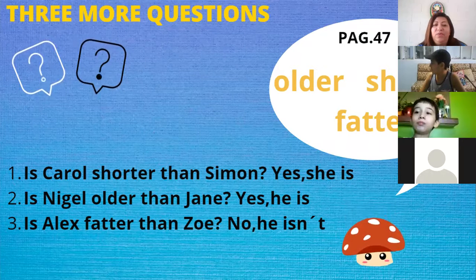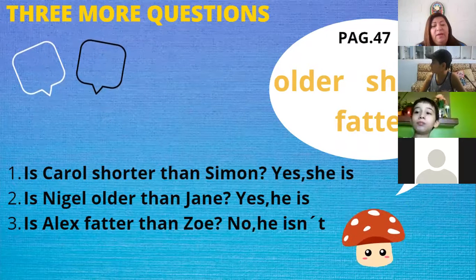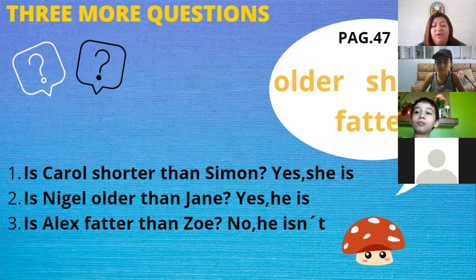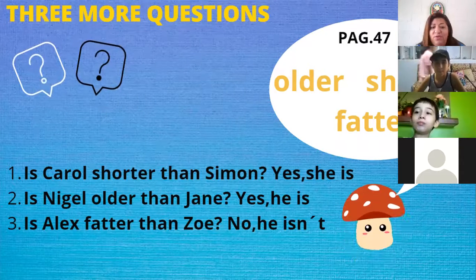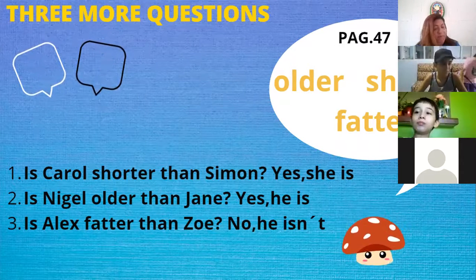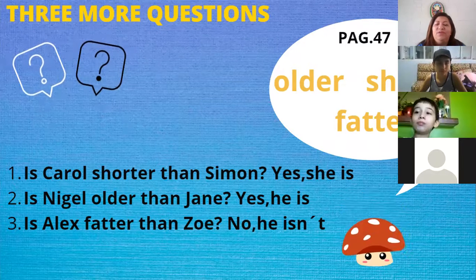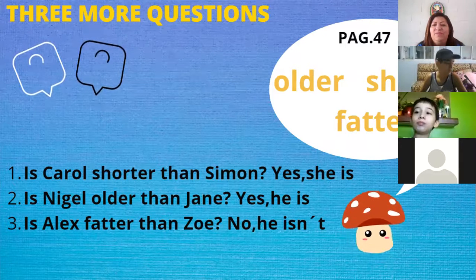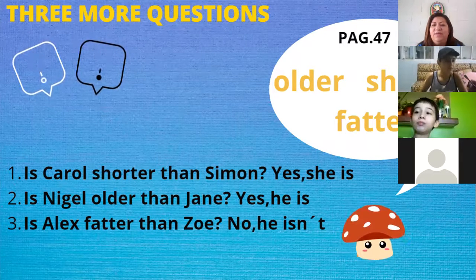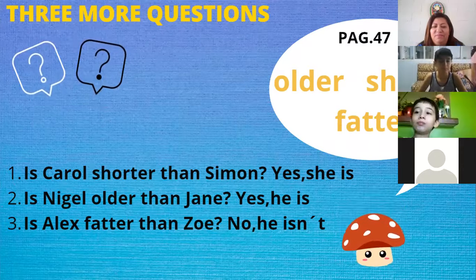You need to write questions with those characters. But I have here already some examples, so if you want, you can copy my examples from page 47. We can use these examples to complete the exercise on page 47.